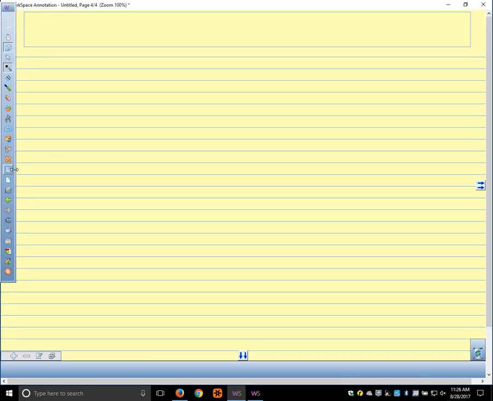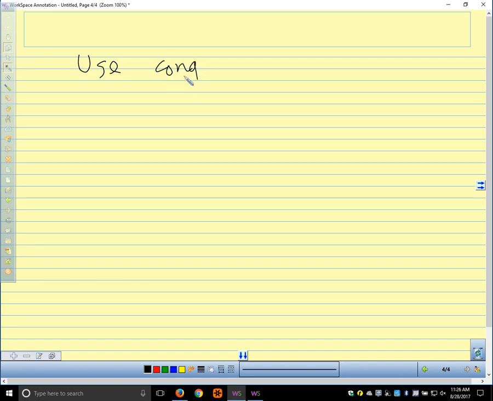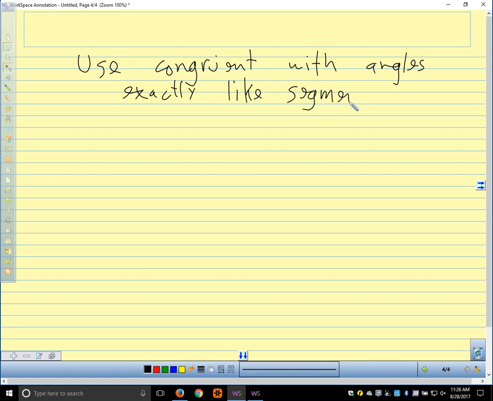All right, the next thing we need to talk about is congruent angles. We use congruent with angles exactly like we do for segments. So if we say two angles are congruent, we're saying they're the same size and the same shape.